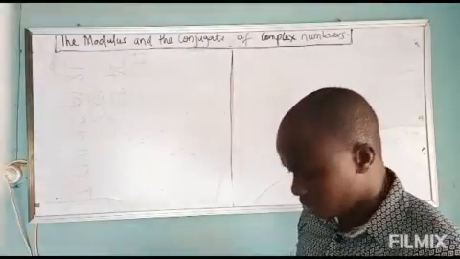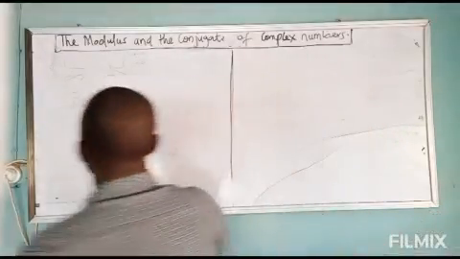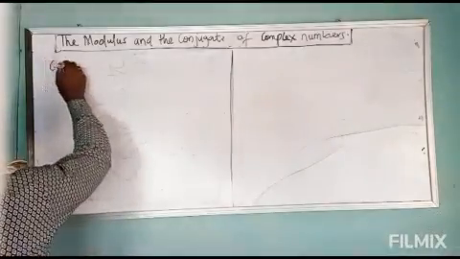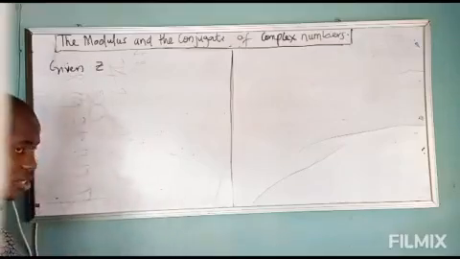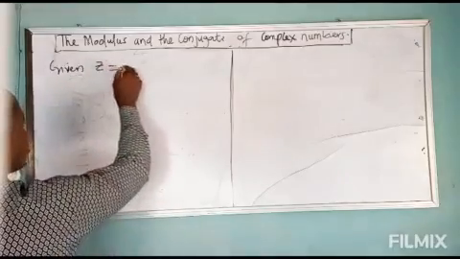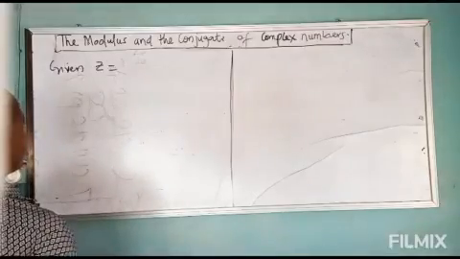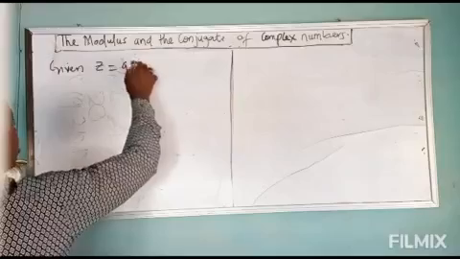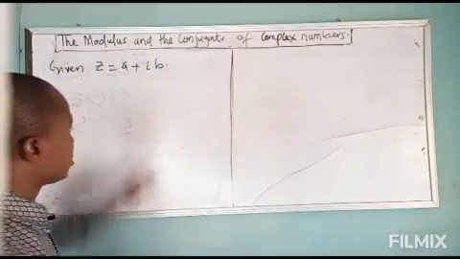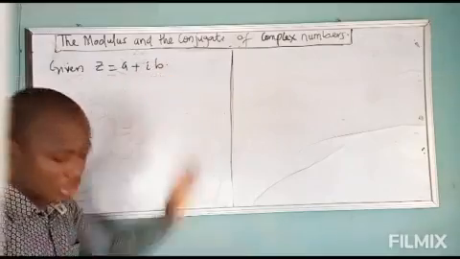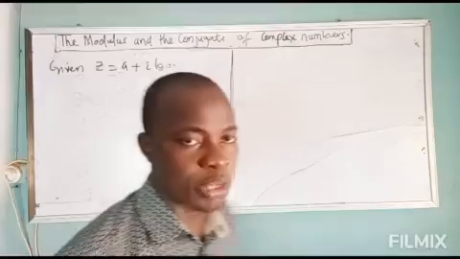So now let's start. Given a complex number z equals a plus ib, that is the real part and the imaginary part. You can see that that is a complex number.